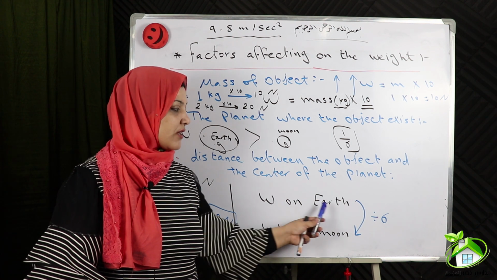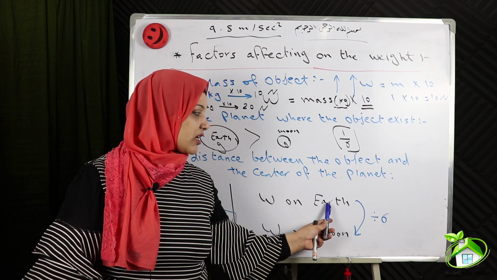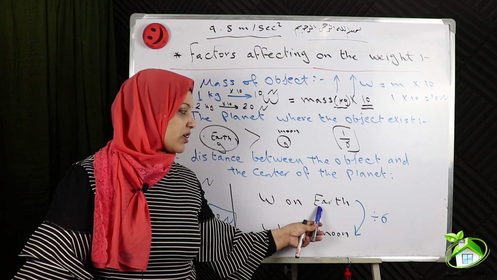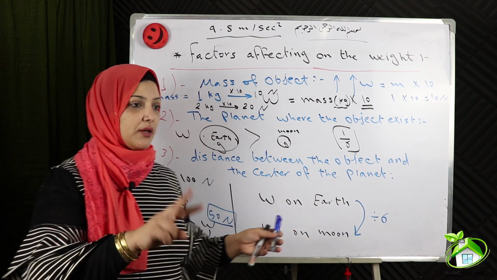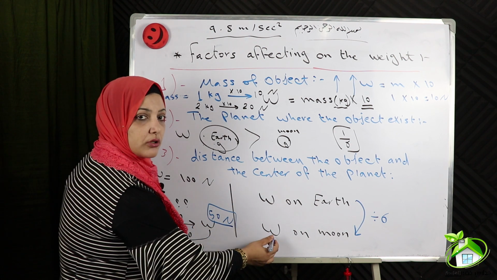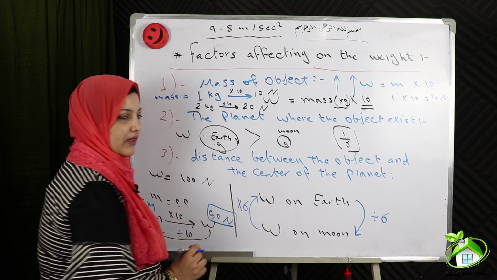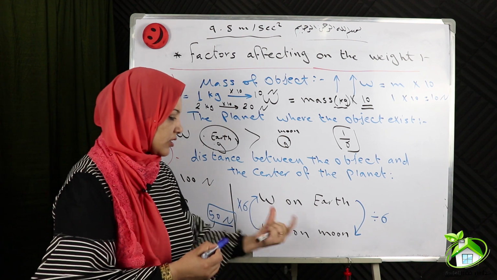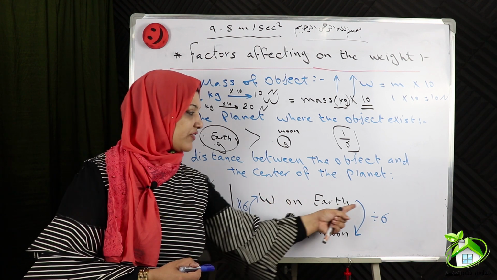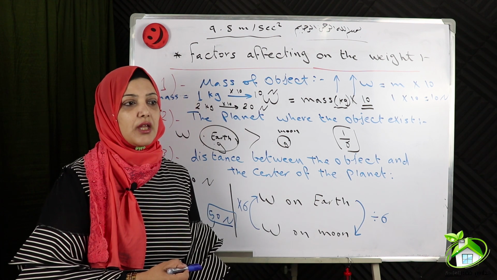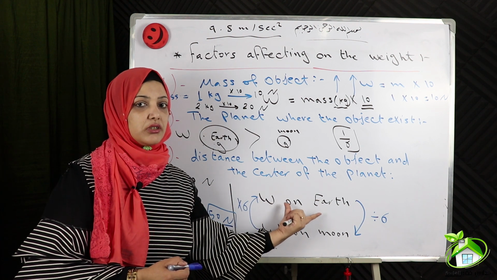If we have weight on earth, to calculate or produce the weight on moon, we make weight on earth divide 6. طيب ممكن يعمل العكس. We have weight on moon; to calculate weight on earth يبقى هنعمل times 6. Weight on moon smaller than weight on earth. يبقى لو معايا weight on earth اعمل divide 6 اجيب weight on moon. لو معايا weight on moon اعمل times 6 عشان اجيب weight on earth.